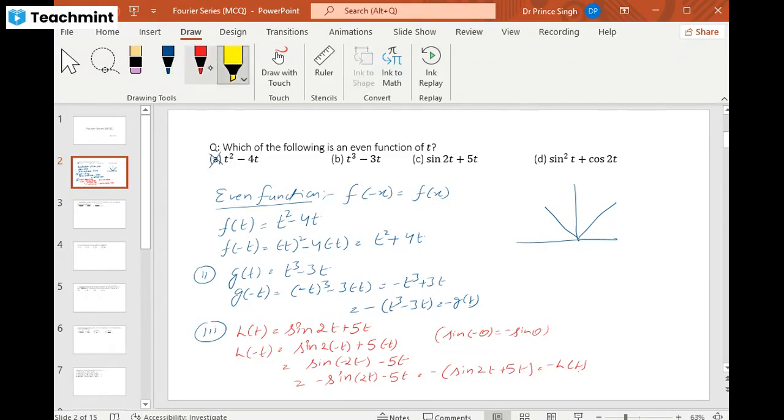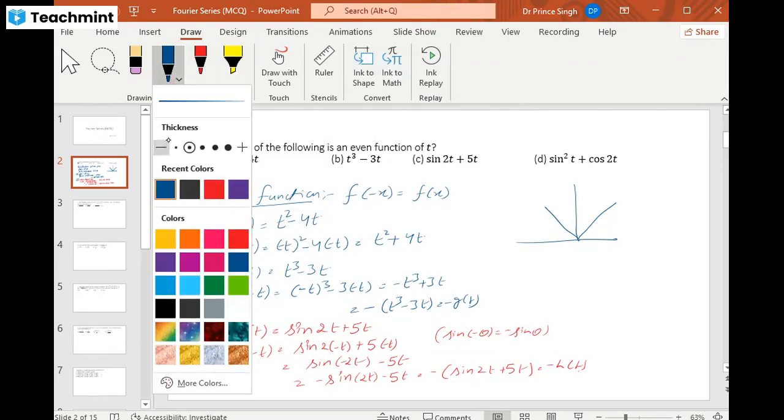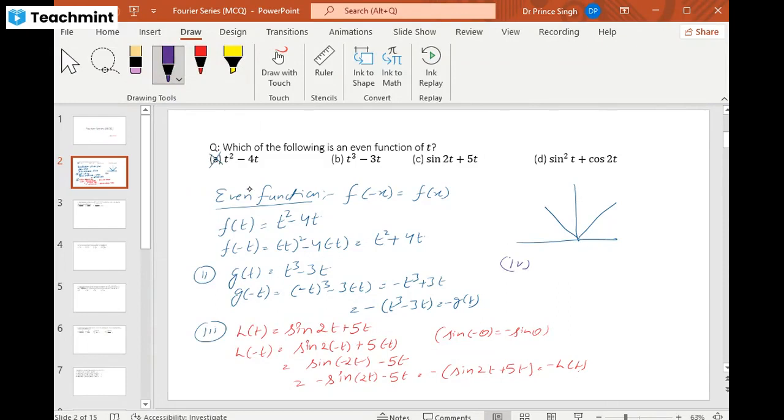Now let us move to our last function, the fourth function. Definitely our fourth option is the correct one, but let us check here. Our function, let it be k of t, is equal to sine square t plus cos 2t. We know that an even powered function is an even function only, but let us check here. This is sine of minus t whole square, plus cos of 2 times minus t. So this is minus sine t whole square plus cos of minus 2t.